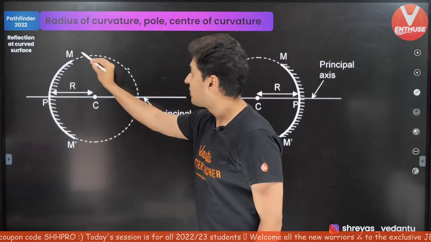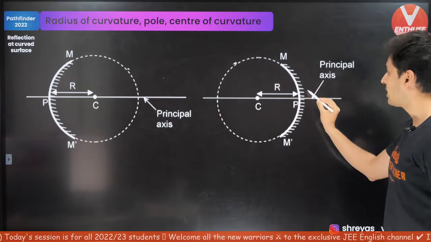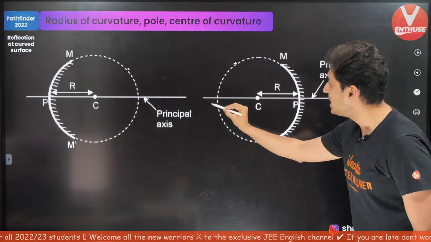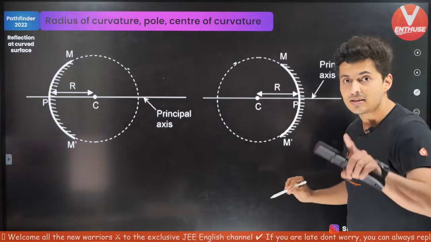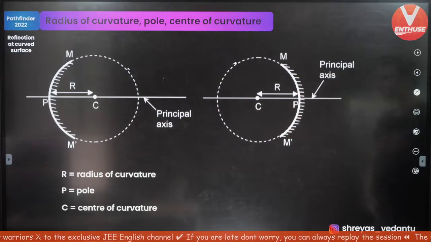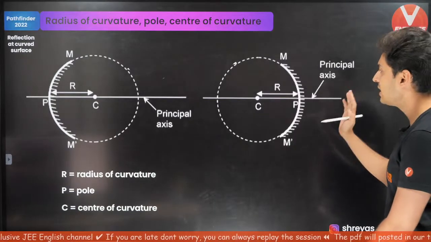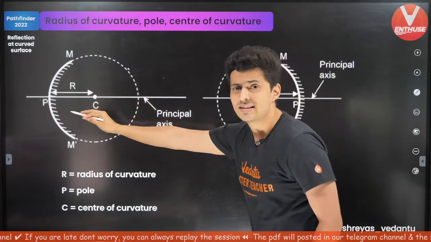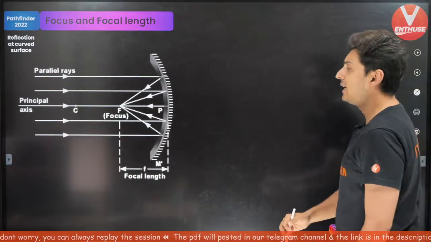The radius of that sphere is called the radius of curvature. Same thing is applicable for even a concave mirror. So if this is a concave mirror, if you complete the surface, it looks spherical. The center of that sphere is the center of curvature, and the radius of such a sphere is called the radius of curvature. Keep this in mind. Very standard definition. C, R and P. What is P? P is called the pole. Pole is the center of the mirror. As simple as that.